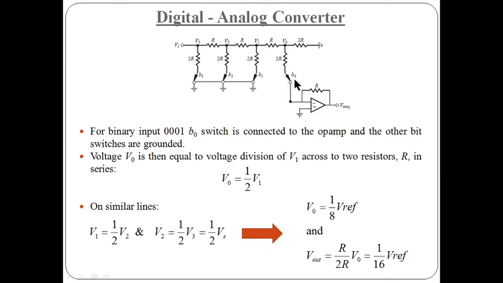The zeroth bit is connected to this network because its value is 1. So suppose the binary input is 0 0 0 1, meaning only the last bit, a single bit, is positive here.